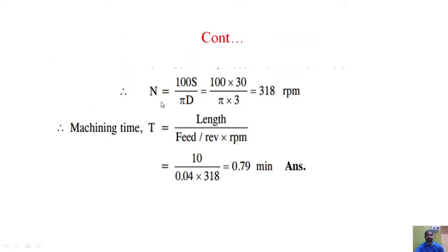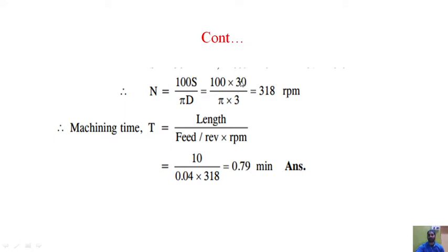Here in 100 S by pi d, S is given as 30 meter per minute. The 100 is a constant to convert meter into centimeter, because we are taking all the dimensions in centimeter. D is in centimeter, but the cutting speed is in meter per minute.